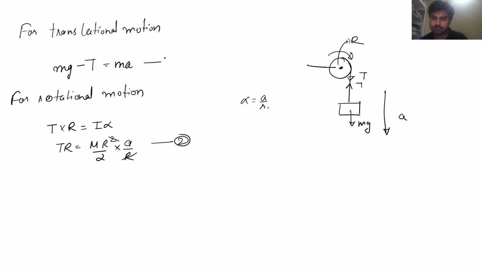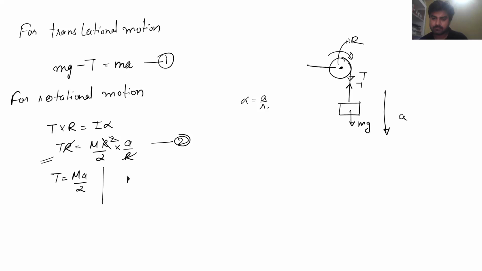You can say this is the first equation. What do we have to find? We have to find the acceleration of the block, that is A. So we have to eliminate T. So I'm taking T from here and putting it in the first equation. So T from here will be, this R also gets cancelled out, it is MA by 2. I'll put it in the first equation.